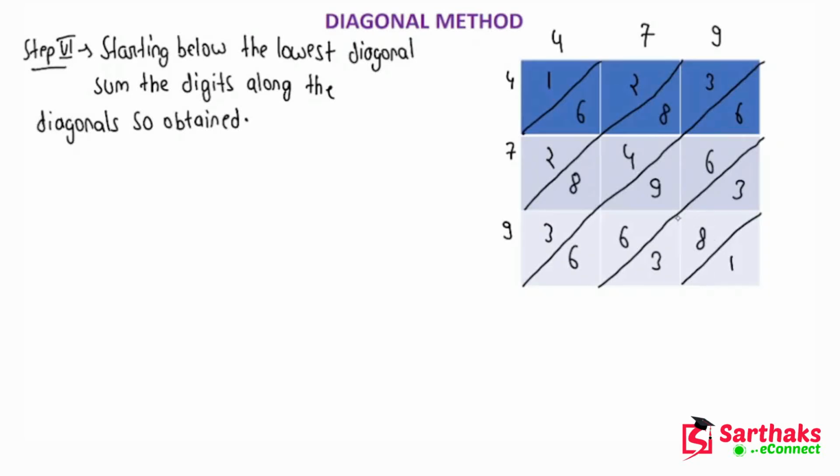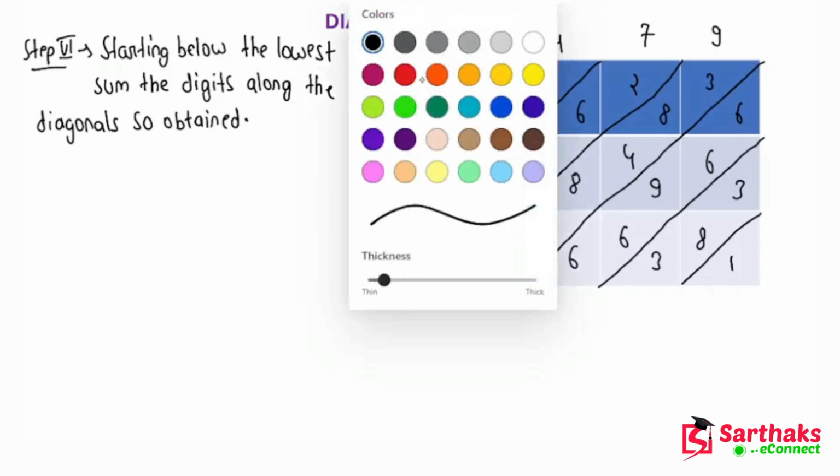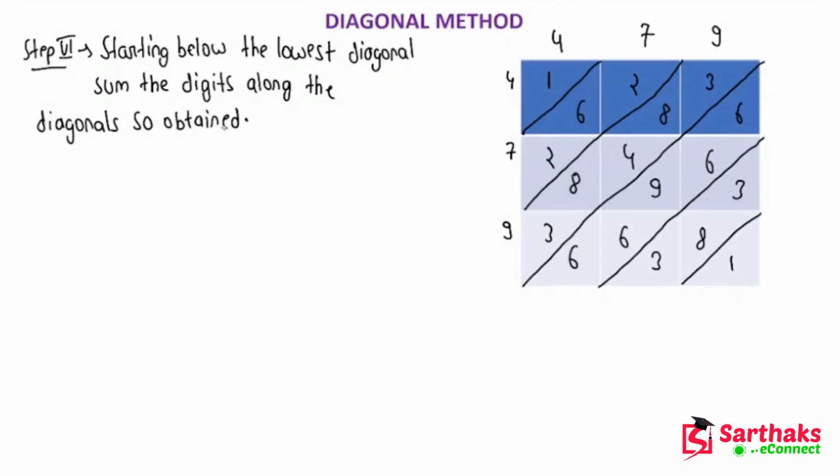Now this says that starting below the lowest diagonal. So this is the lowest diagonal. It says starting below the lowest diagonal, sum the digits along the diagonals so obtained. So let us first complete the step, then I will show you what it actually says. Sum the digits along the diagonals so obtained.